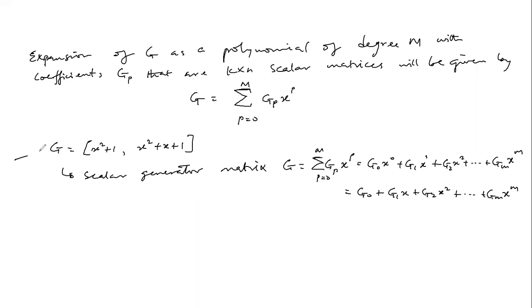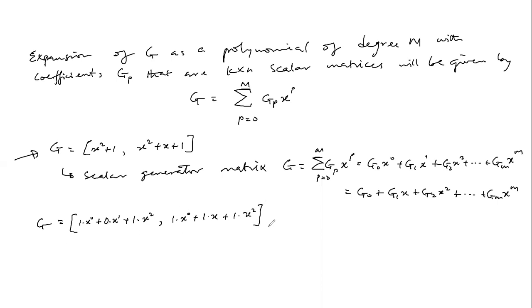So now that G is given as x squared plus 1, x squared plus x plus 1, we can rewrite G in this form, such that we have 1 times x to the power of 0, plus, now x has no parameter here, so it is 0 times x to the power of 1, plus 1 times x squared. So it's another way of rewriting this: 1 times x^0 plus 1 times x plus 1 times x squared.